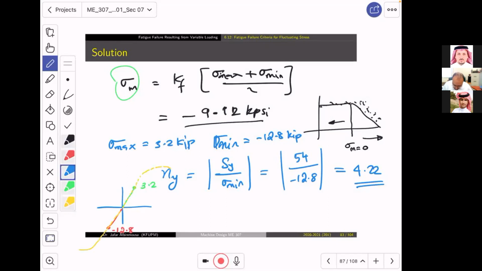Now the distance from here to there is the difference between the yield, which is 54, and the 3.2, which is just a little right there. I did not draw it in a nice way. So this is 12, and this is 3.2. This difference is a lot between the 3.2 and 54. Here, this is 12, and imagine, minus 54, which is the yield in compression. So you are far away from it.